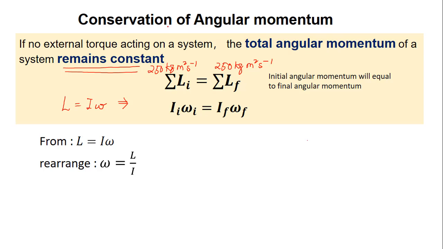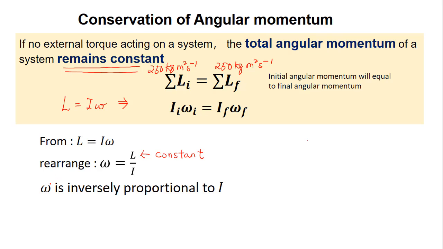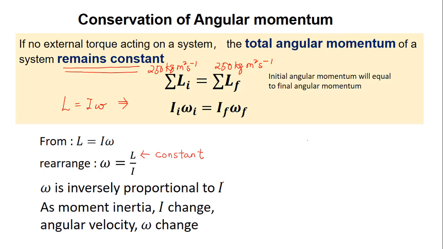According to the conservation of angular momentum, our total angular momentum always remains constant. So if L is constant, we will find that our angular velocity omega is inversely proportional to the moment of inertia I. In other words, as the moment of inertia I changes, the angular velocity omega will change.